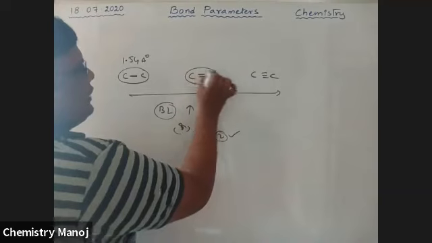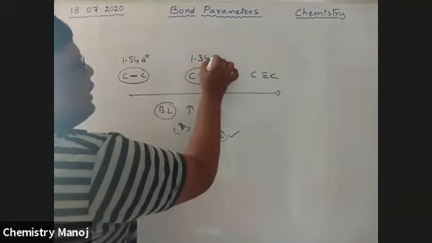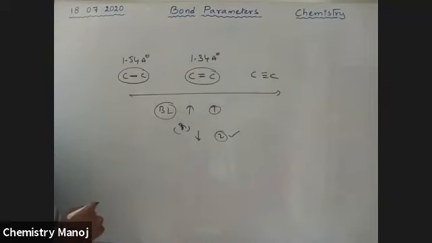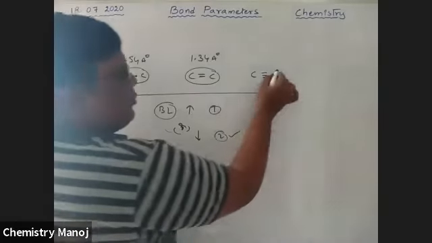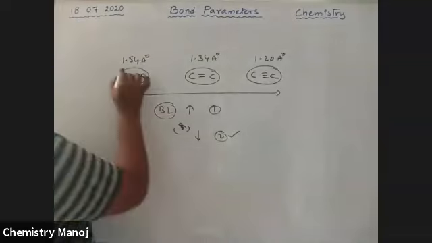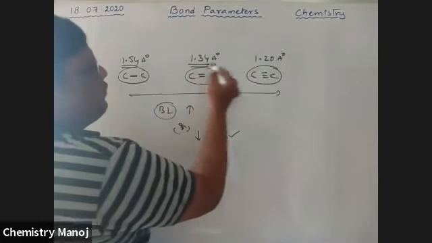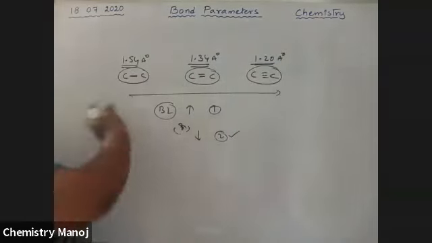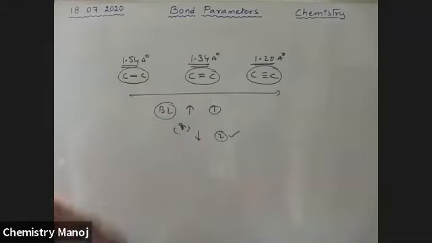C double bond C length is 1.34 angstroms. C triple bond C length is 1.20 angstroms. See these values: 1.54, 1.34, 1.20. The bond length values from left to right decrease as the number of bonds increases. It is the clear evidence. So this is a way to calculate bond length.